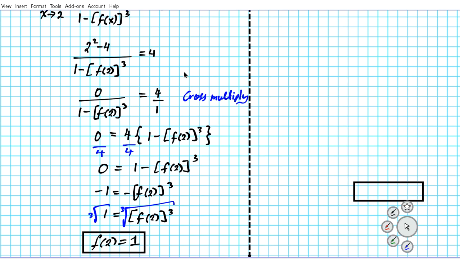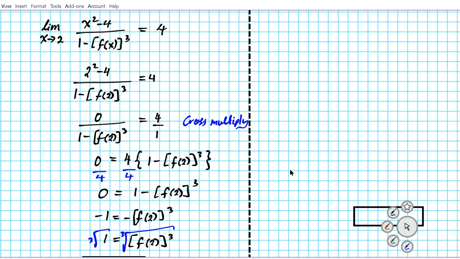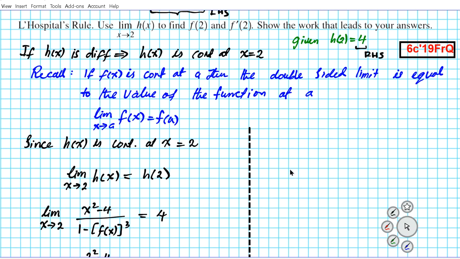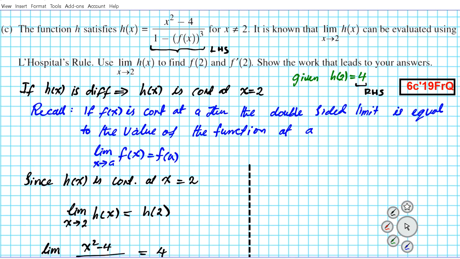All right, and then the second part, what are we looking for? f prime of 2. So now we're going to find f prime of 2. How can we introduce f prime into this whole situation where we're dealing with limits?